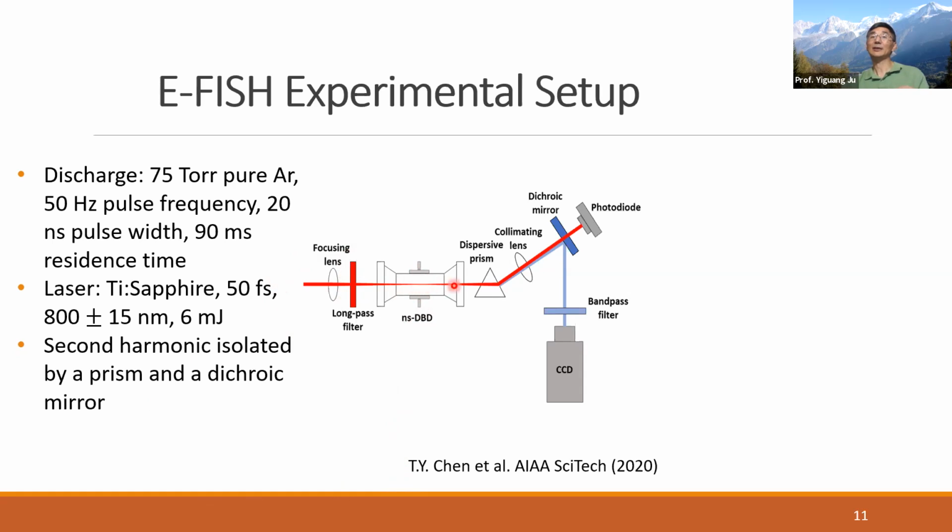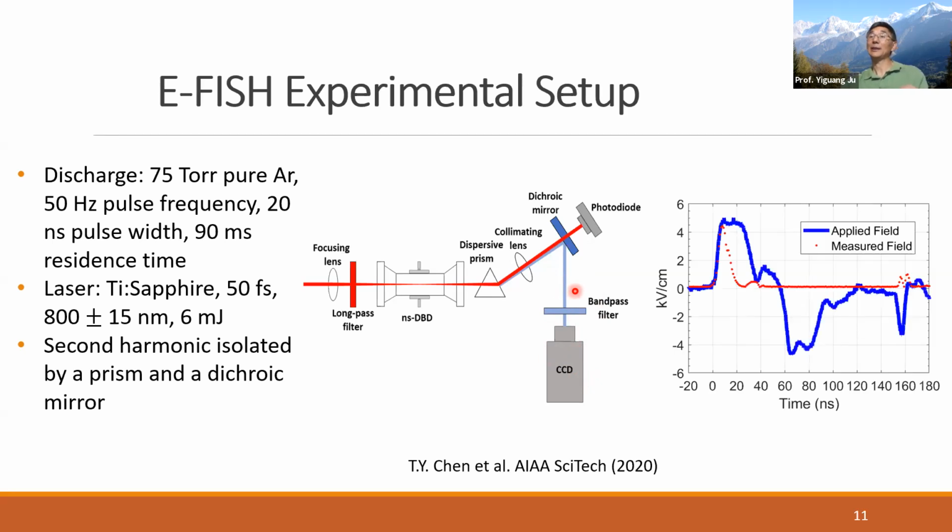The second harmonic and the original beams are separated by a prism, and a photodiode is used to detect the laser energy, while the second harmonic is measured by an ICCD camera with bandpass filters. This experiment is set up at Princeton in my laboratory, and also in Arthur Dogariu's laboratory, and you are welcome to visit us and take a look.